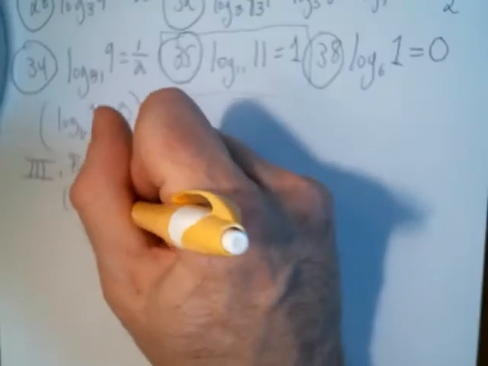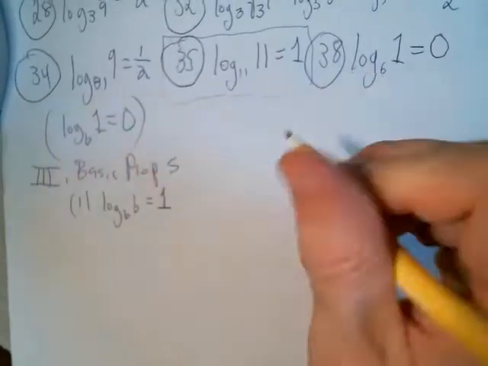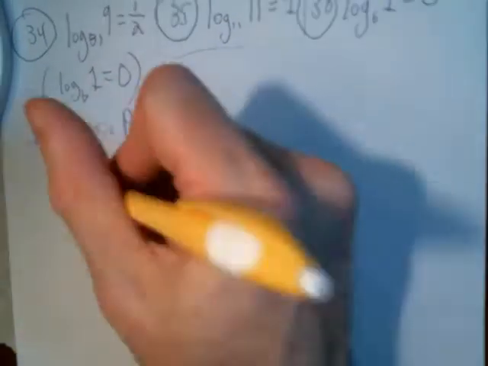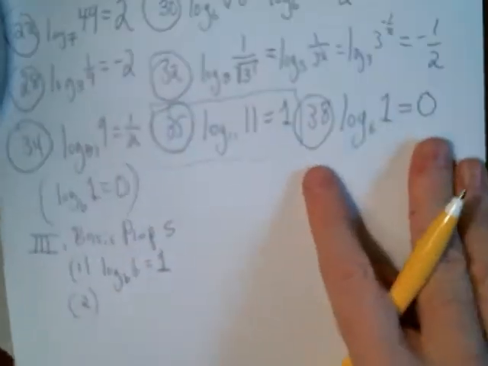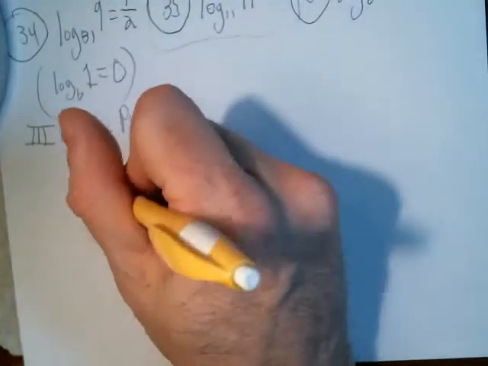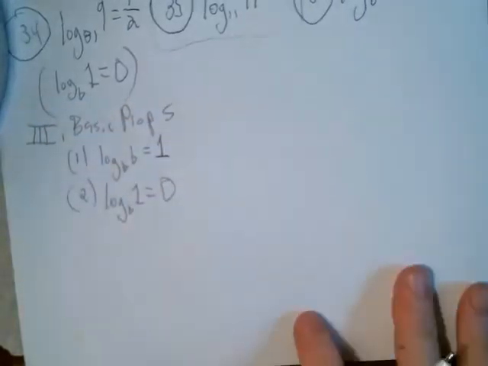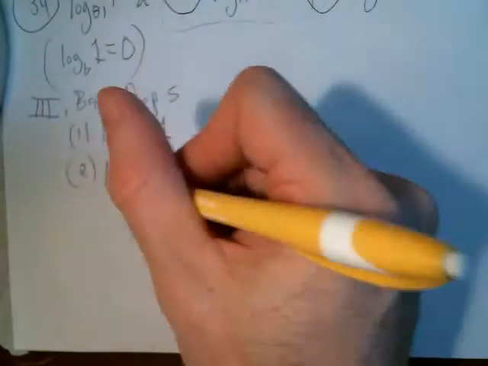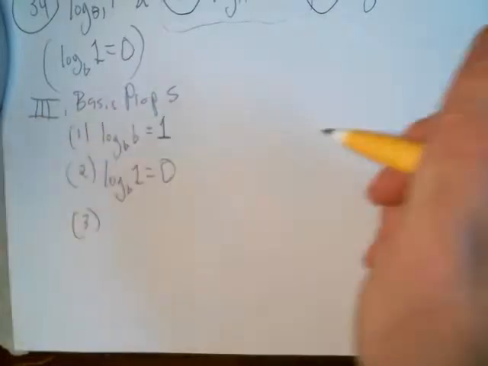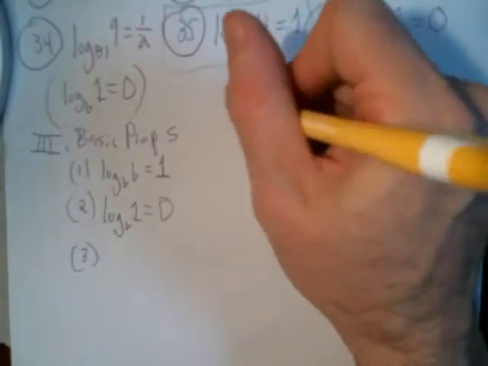So if you have log base b of b, that's just going to be 1. Right? And then property number 2 is from 38, and it's just this property here. So log base b of 1 is always 0.